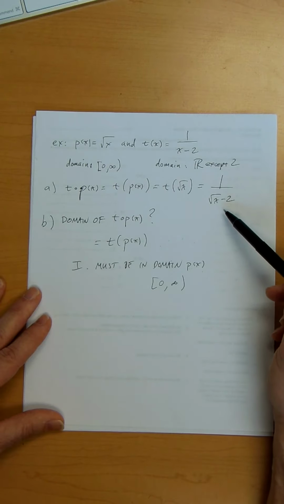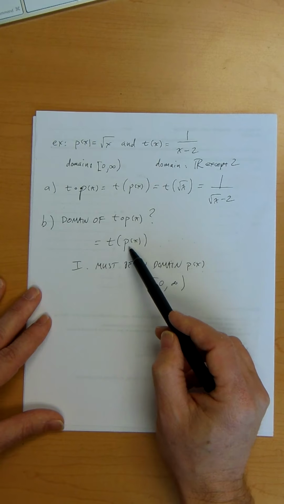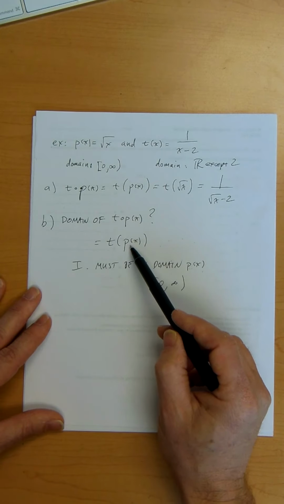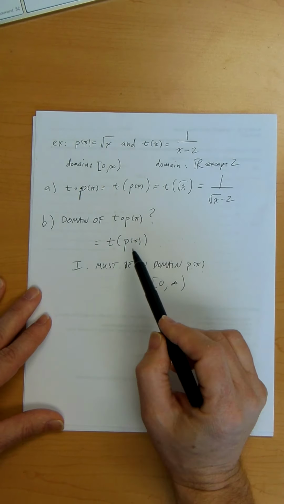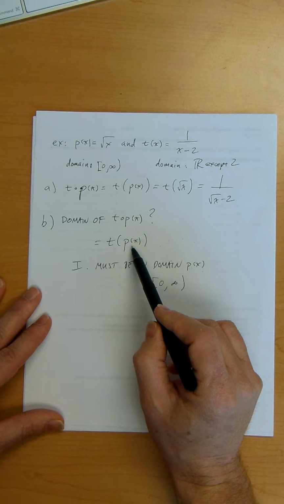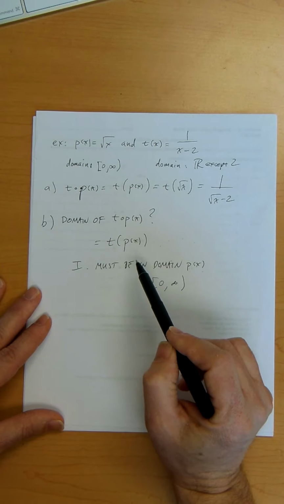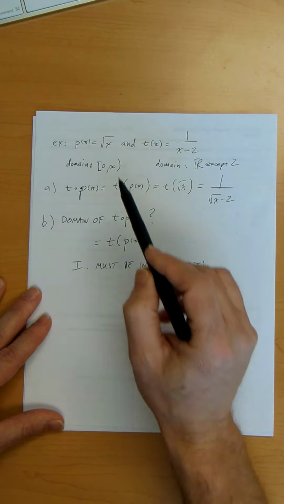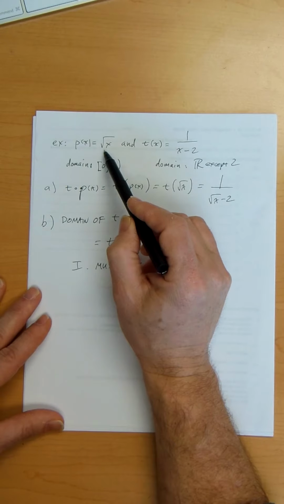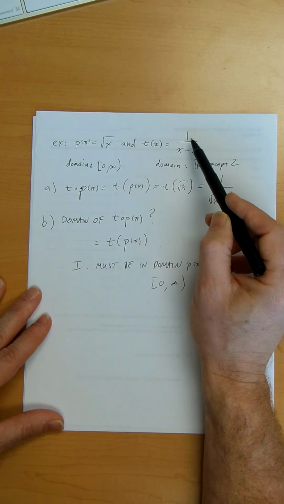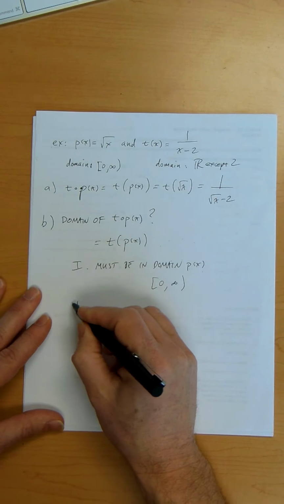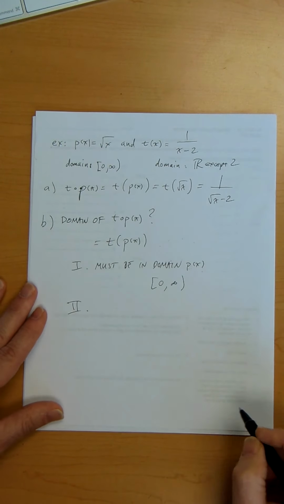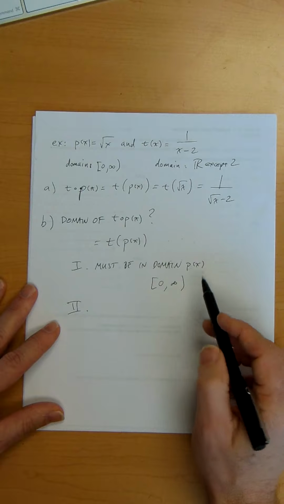The problem is, if I put something into p that then produces as an output this excluded value of 2. So for instance, x equal 4 is going to be a problem here, because if I put 4 into p, I get square root 4, which is 2, and then that goes into the t function, and I get 1 divided by 0, which is undefined.